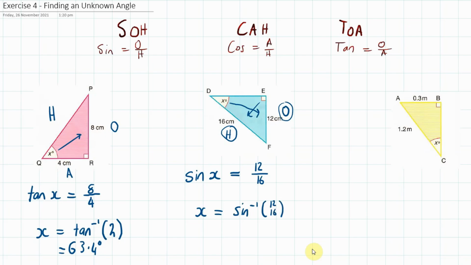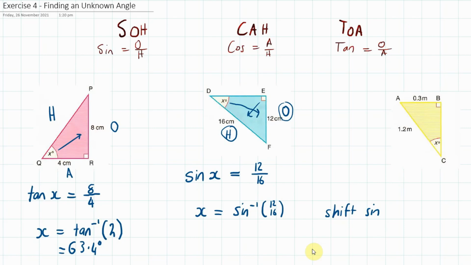Now on the calculator, press shift and then sine, and what will appear is this. Okay, it'll give you that, and then you put in 12 over 16. So you go shift sine, which gives you inverse sine 12, use your fraction symbol there to go 12 over 16, pop the bracket in.